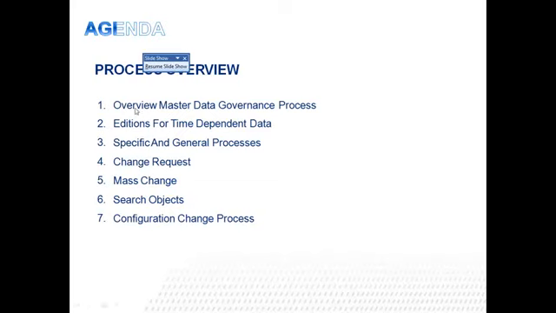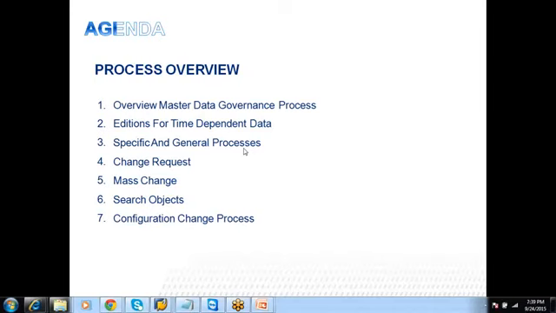So point by point, first I give an overview of the master data governance process. Overview means how the data commit happens and all. And then additions is one of the concepts applicable for the finance related master data.